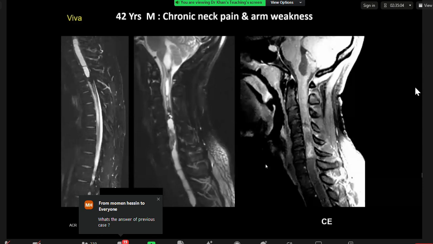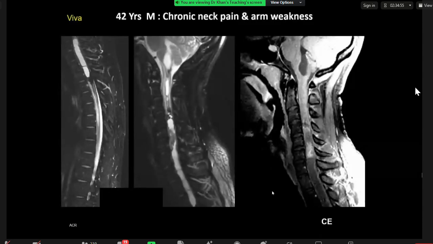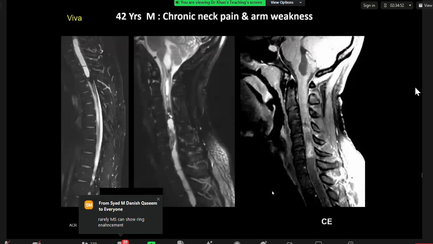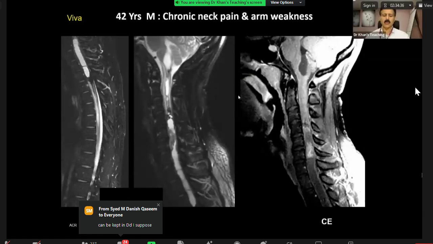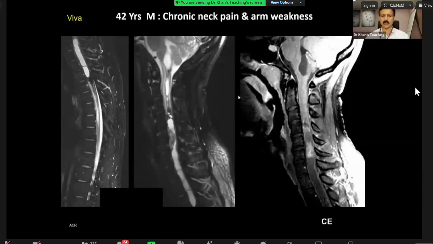On the STIR image, I can see heterogeneous signal and an abnormality extending up to the craniocervical junction. It's quite a long segment pathology. Given the high T1 signal and the distribution of an intramedullary mass, my top differential will be an ependymoma.